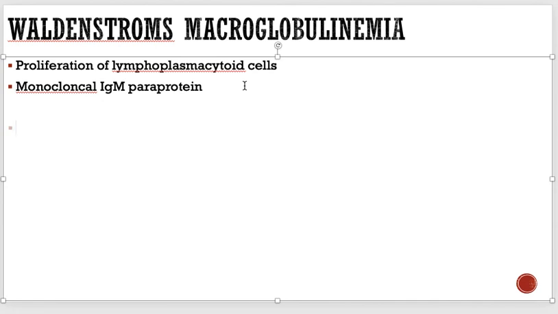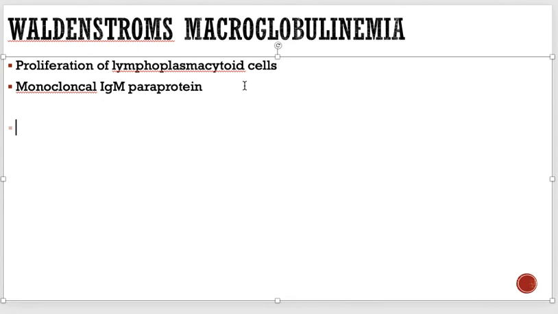So what happens? Again, this is a disease of old age, and one thing, why I'm teaching this condition is simple: this is the disease of old age. Okay, and the symptoms they have are again the same thing: weakness, fatigue, bleeding, weight loss, recurrent infections.